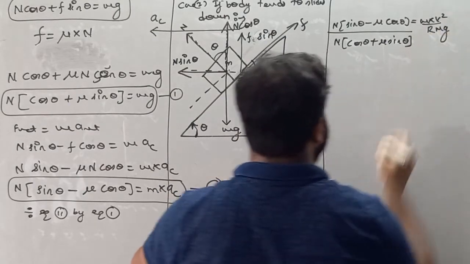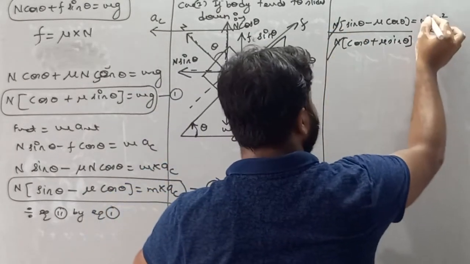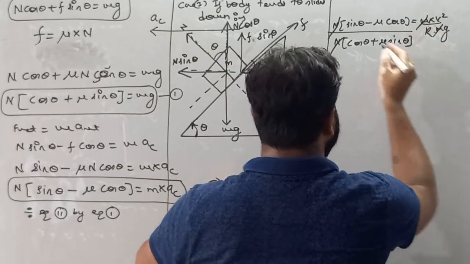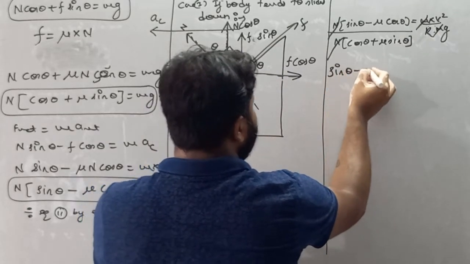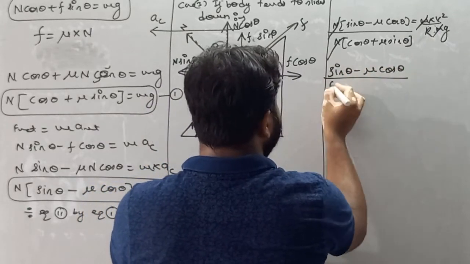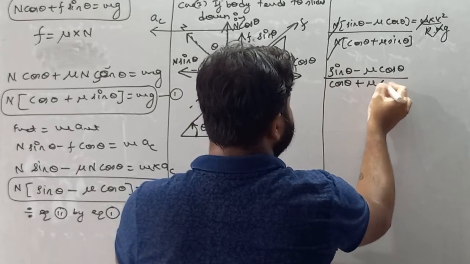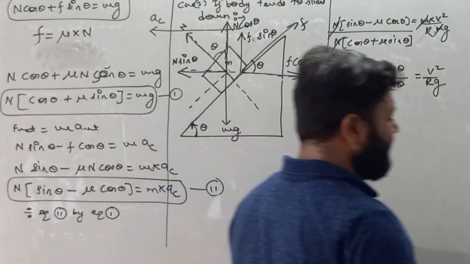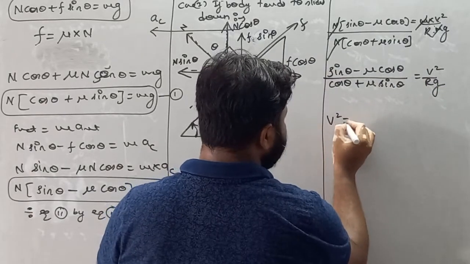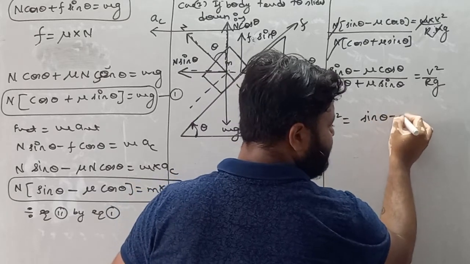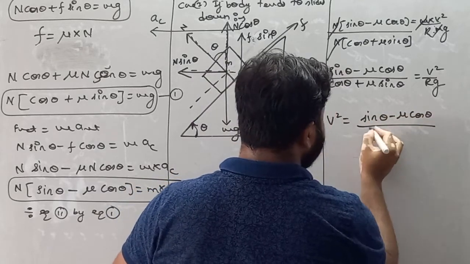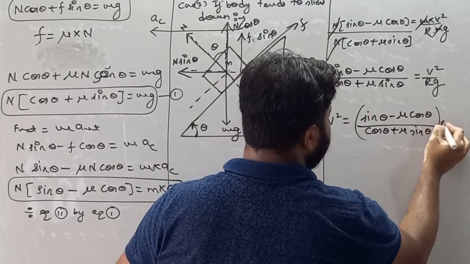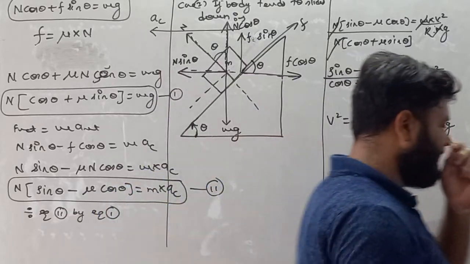So N and N get cancelled, m gets cancelled. What we'll get is (sin theta minus mu cos theta) divided by (cos theta plus mu sin theta) equals v square by rg. Now taking rg to this side, v square equals (sin theta minus mu cos theta) divided by (cos theta plus mu sin theta) multiplied by rg.